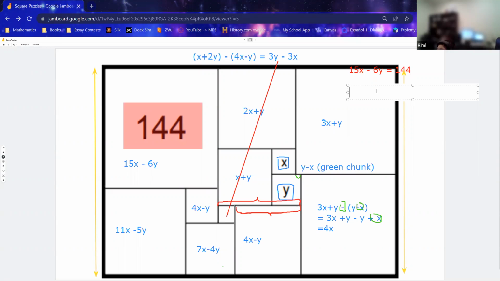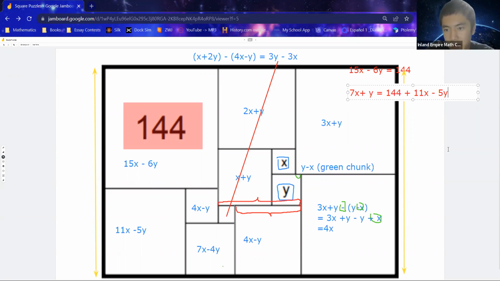Oh yeah, the other square is 4x. Okay, so it's gonna be 7x plus y, right? Yeah. Okay, so that's the length of the right side. Now, what's the length of the left side? Also 7x plus y, but we could also say it is 15x plus 6y plus 11x plus 5y. I mean minus 5y. We can also just say this, right?